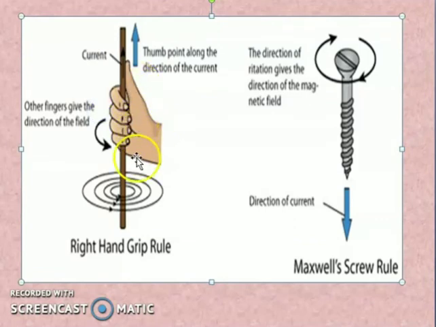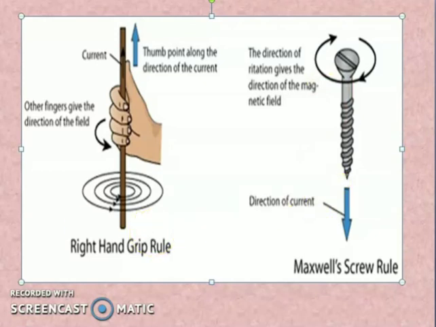So this will be in an upward direction, and the concentric circles will be in an anti-clockwise direction. And here the current will be in a downward direction. So the direction gives the direction of the magnetic field. This shows the Maxwell screw rule, and this is the Maxwell right hand thumb rule.